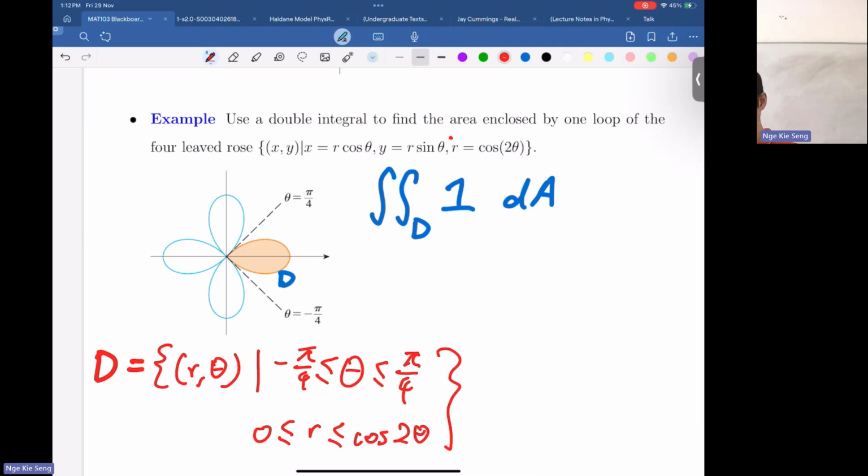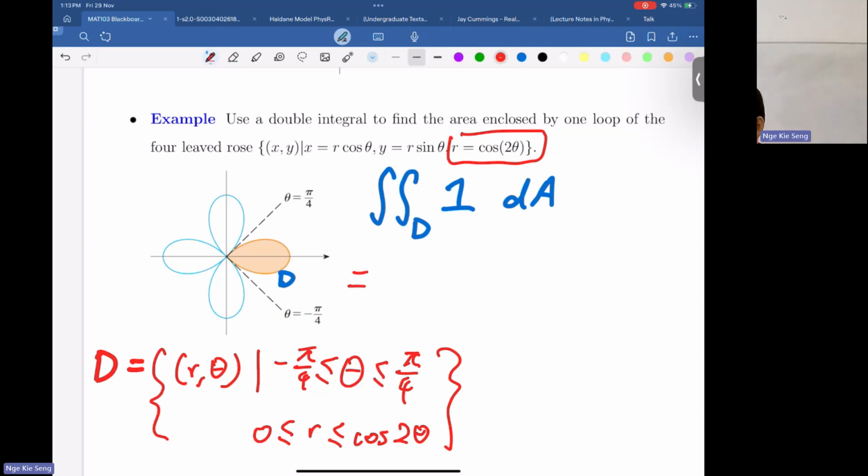So this is given here. If you want more leaves, you increase your angle, but the radius is fixed. All right, so this is your domain.